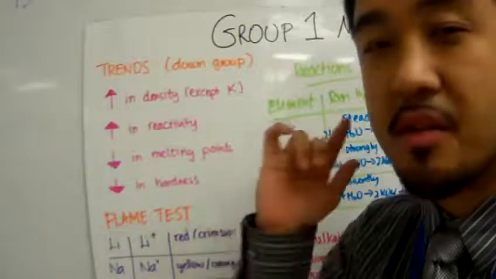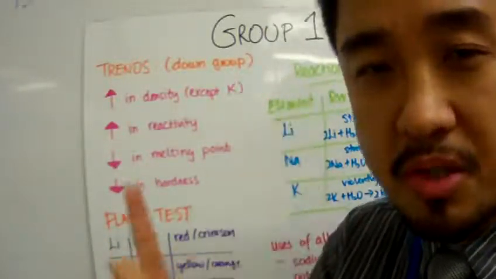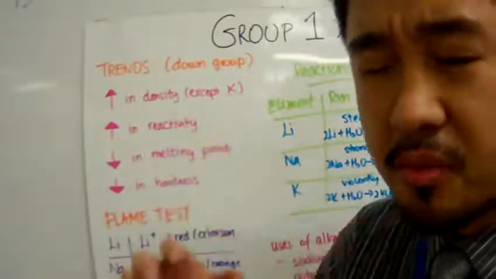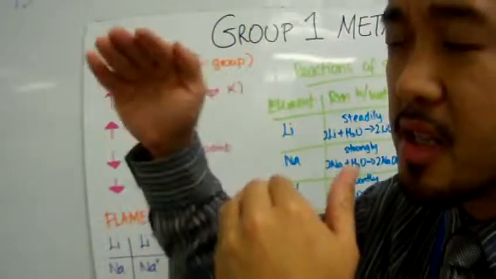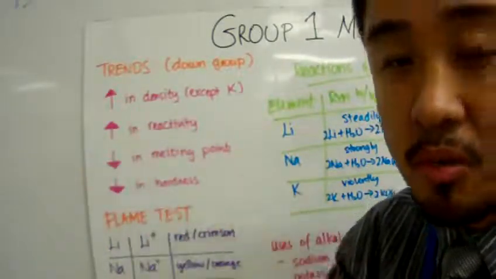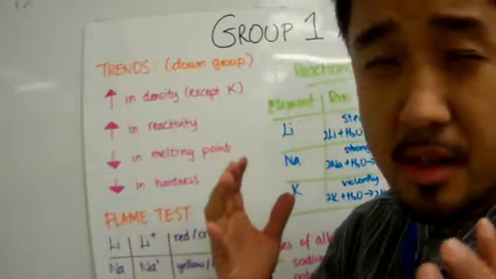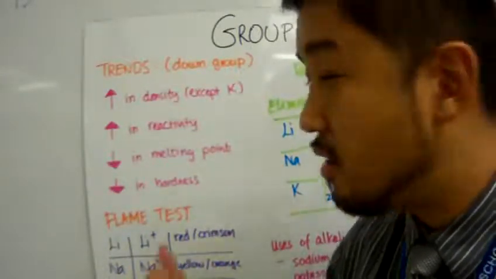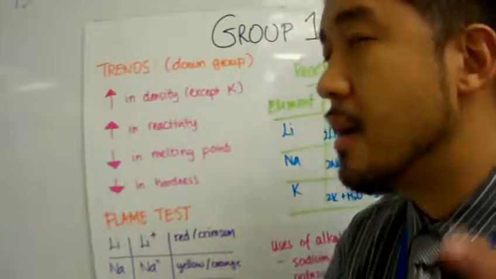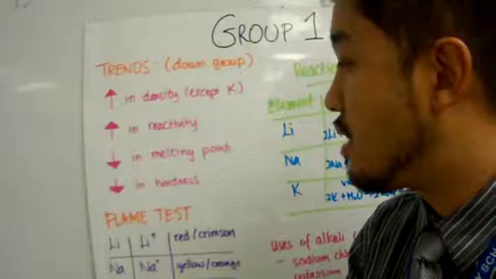The reactivity of alkali metals also goes up when we go down the group, and that's because of the shielding effect as well as the distance of the valence electron to the nucleus. The melting point of group 1 elements goes down as we go down the group, because the valence electron is just way far away.